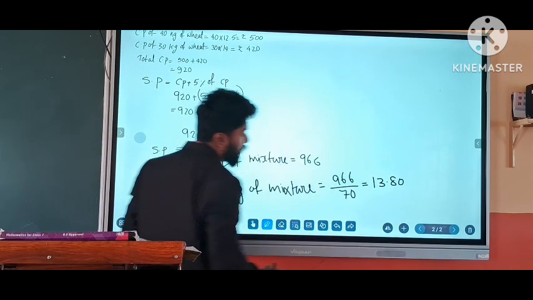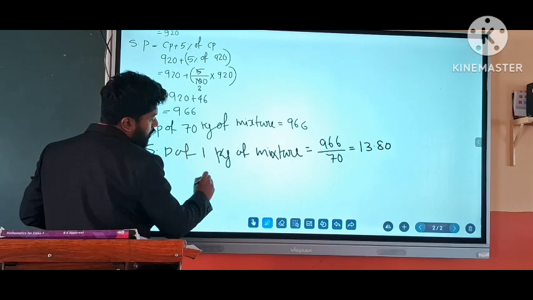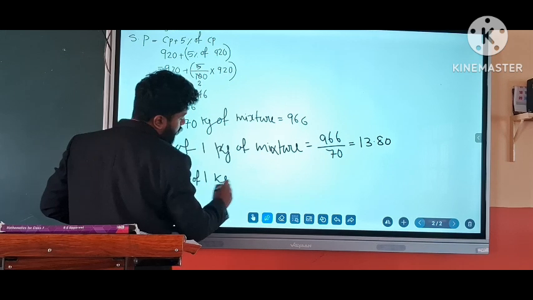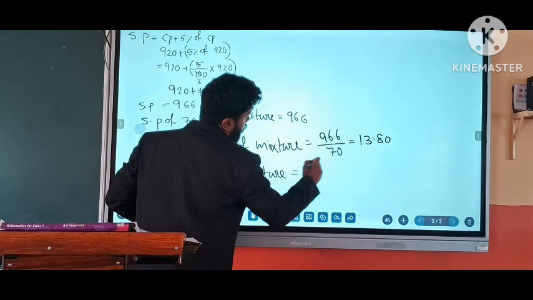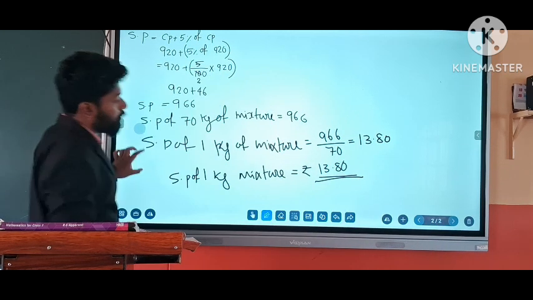Is it clear? So the selling price of 1 kg of mixture is equal to rupees 13.80. Is it clear? Okay.